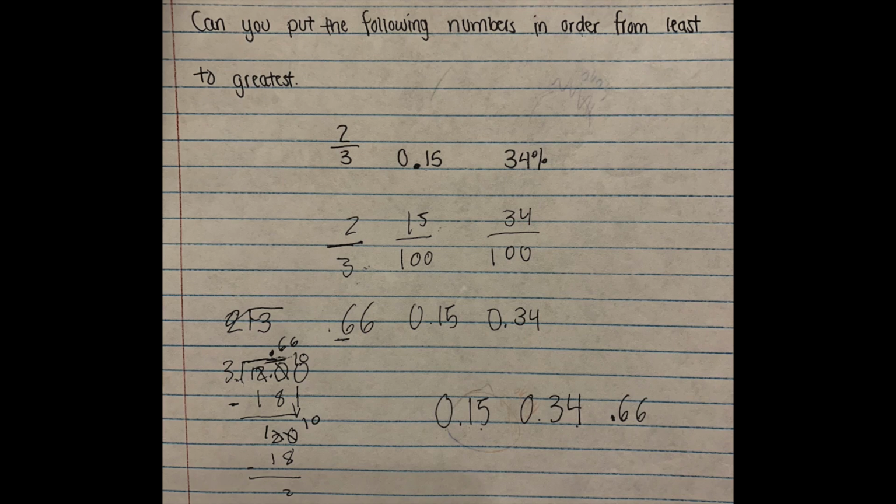So if you're left with a remainder of 2, do you think you're done or do you think you need to keep going? Keep going. Wouldn't it still be the same though? So try it. What happens?